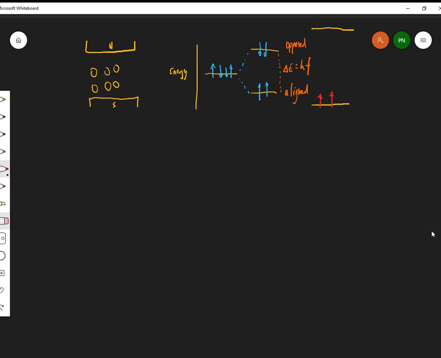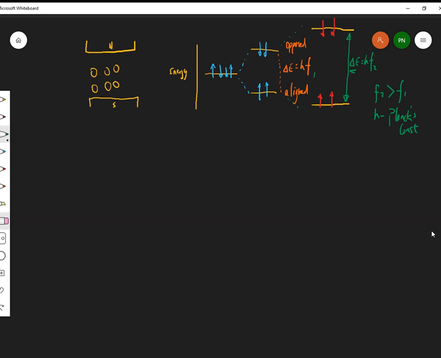Red protons now. So this goes further up, doesn't it? The energy gap increases. And so what we have is delta E equals hf. And now this is f1, f2. So f2, the frequency for this gap, is going to be greater than the frequency for this gap, because this one is a bigger energy gap. h, don't forget, is Planck's constant.